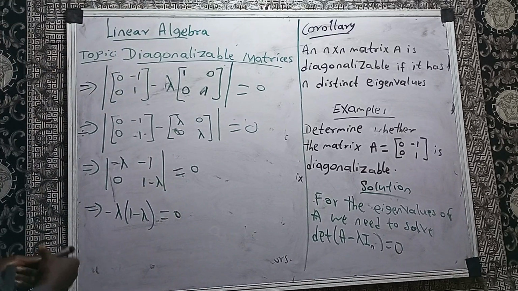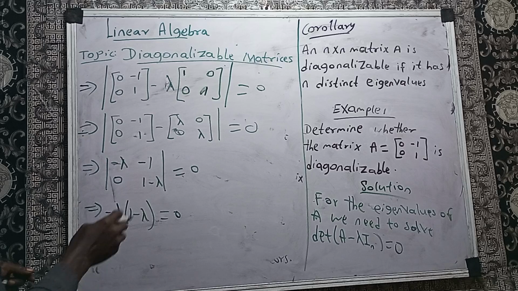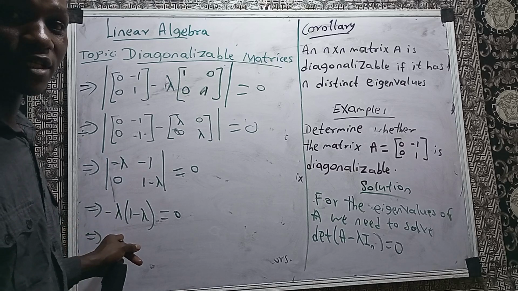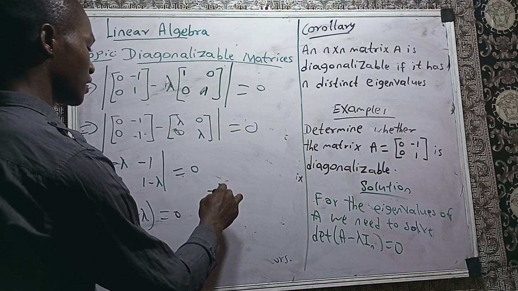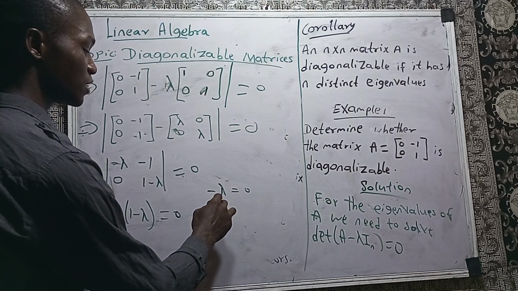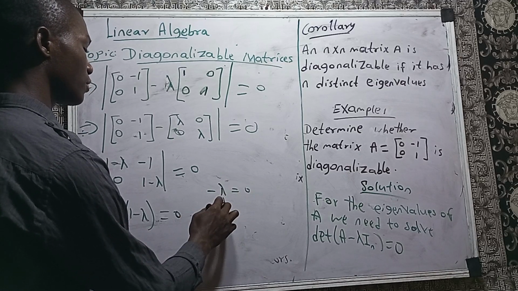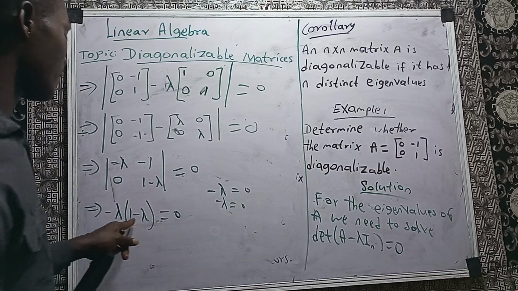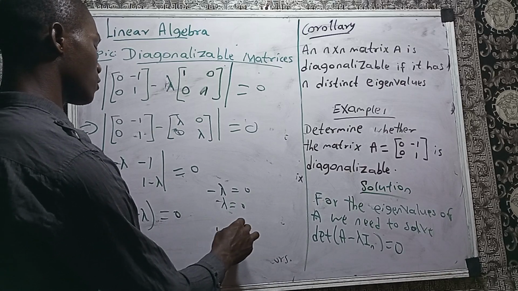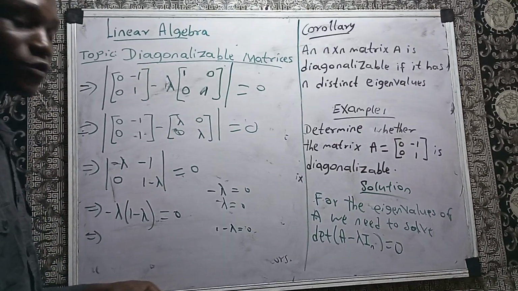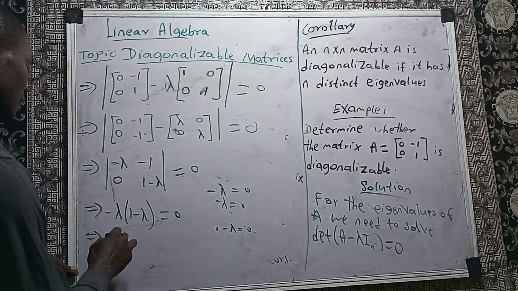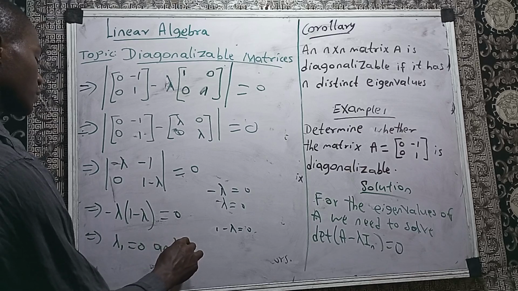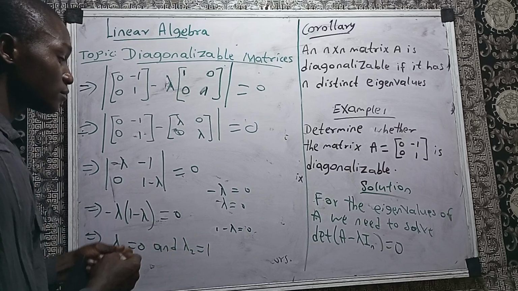So this simply implies that if you solve this, you'll have negative lambda equal to 0, which implies that your lambda will be 0. If you solve the second one, you will have 1 minus lambda equal to 0, which implies that lambda is 1. So this implies that lambda 1 is 0, and lambda 2 is 1.